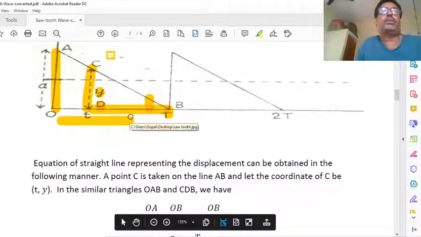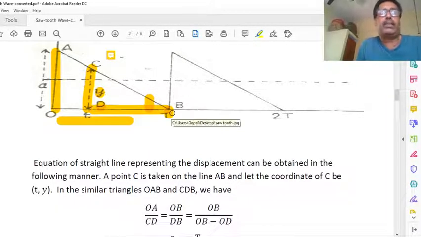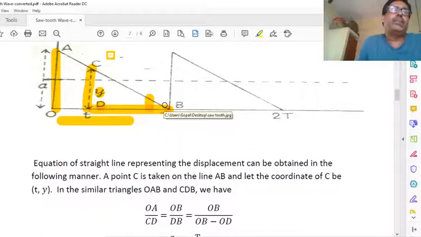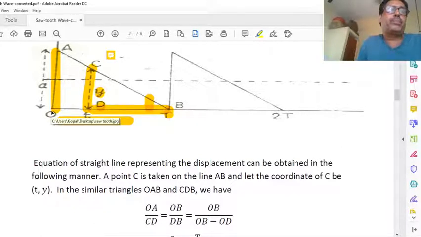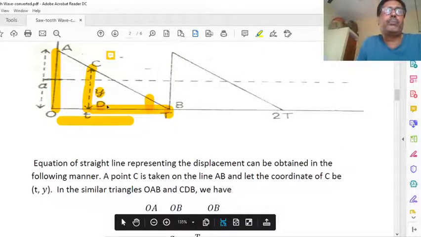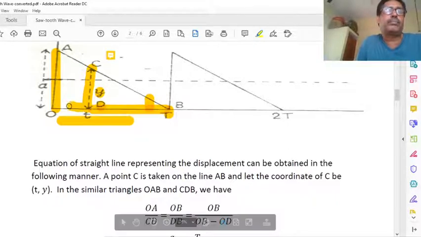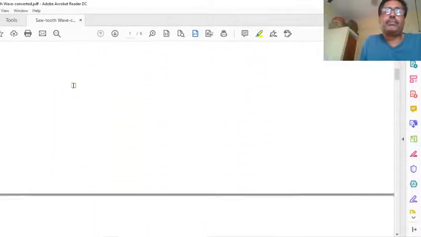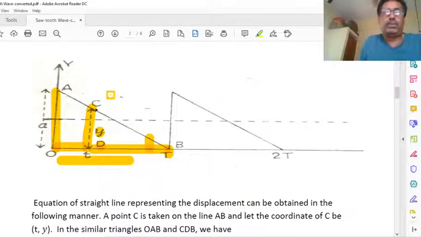DB is not known; OB is capital T. To get DB, we subtract OD from OB, so DB is OB minus OD.